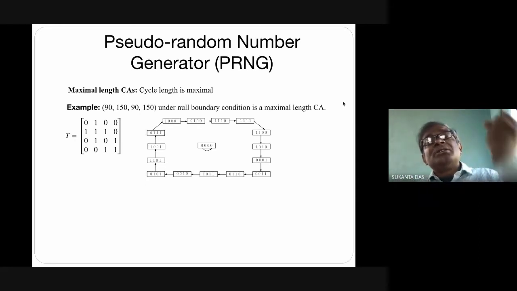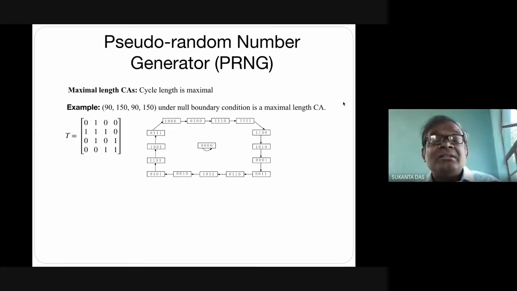You are choosing the configurations one by one, and as if there's some kind of randomness. Because if you don't know the CA, you cannot predict what your next configuration is.